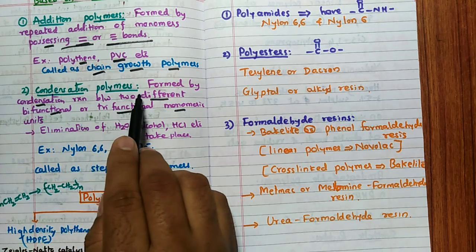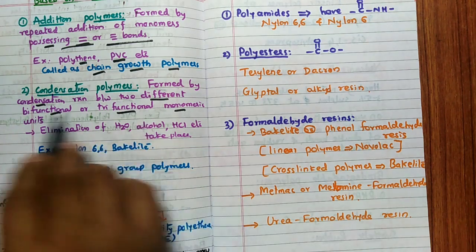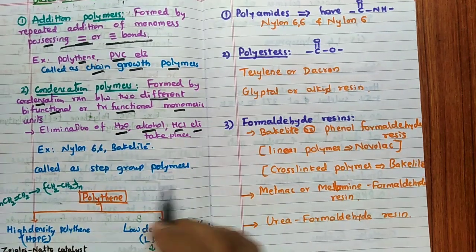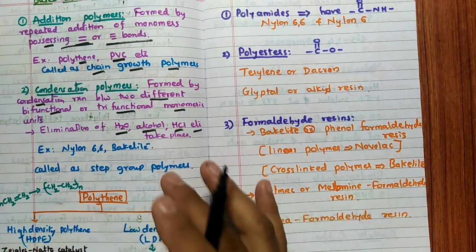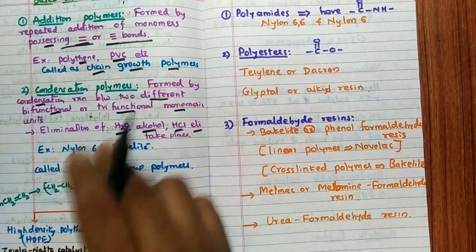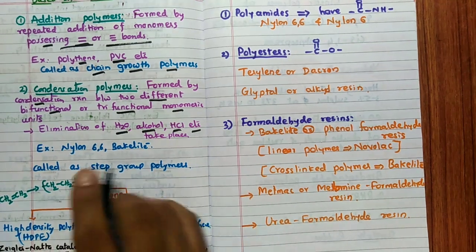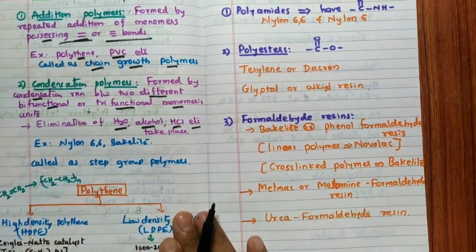In condensation, some molecules like water or alcohol or HCl are removed from the reaction, which means these are eliminated from the reaction mixture. Only then we call it condensation. Example, nylon 66, bakelite, etc. And this comes under step growth polymer.